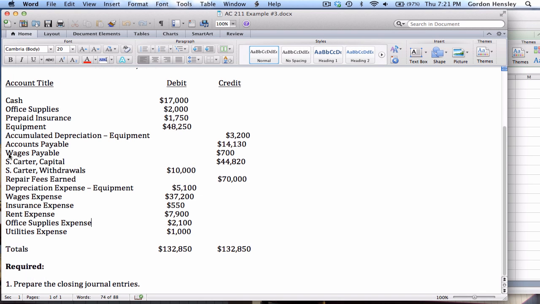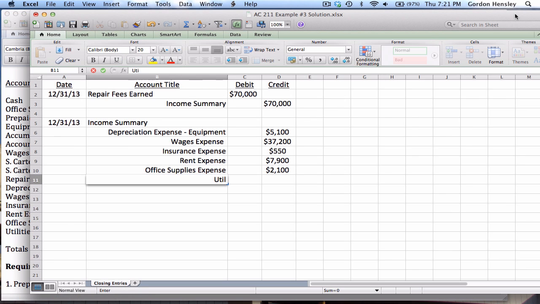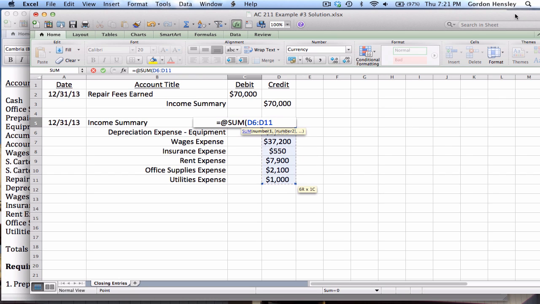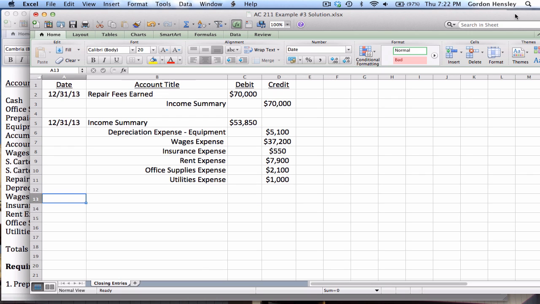And then finally, utilities expense, $1,000. So that takes care of all the expense accounts. But in order to balance my journal entry, I need to total up all of these so that I have a debit there. So it ends up being a debit of $53,850. That takes care of the entry to close out all the expenses.